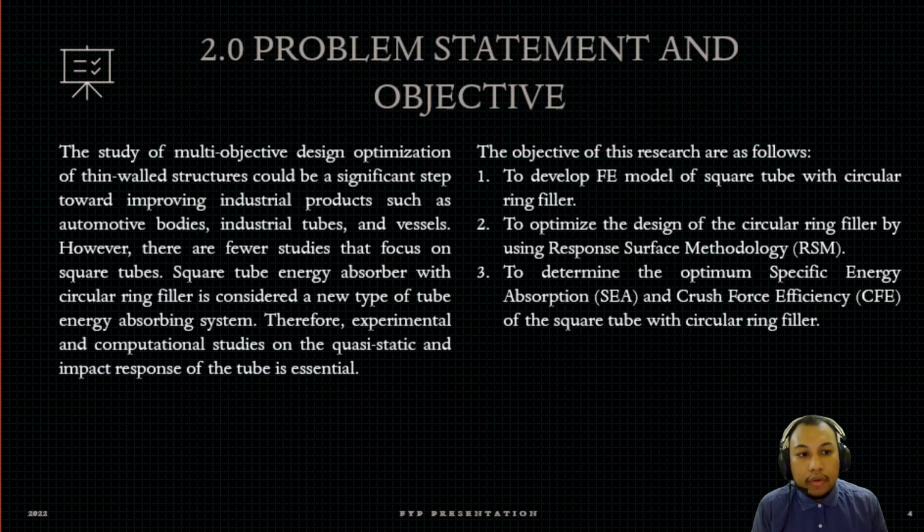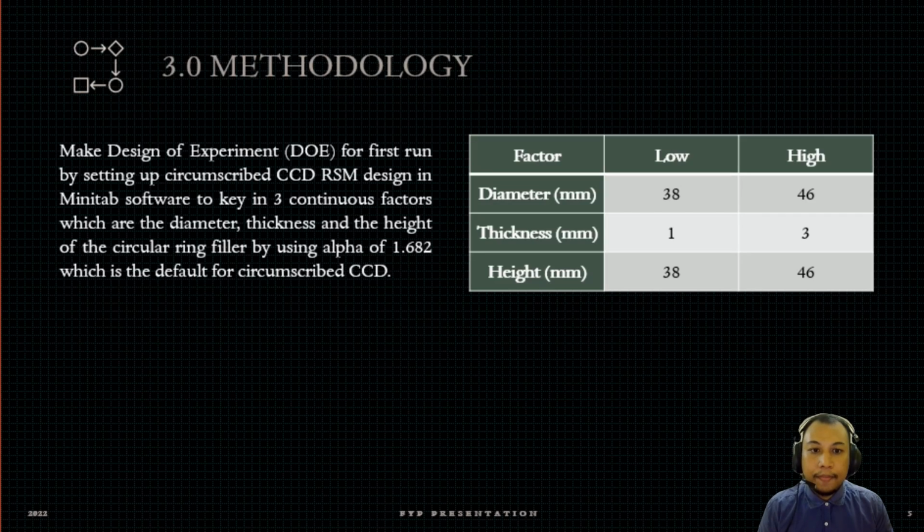The objective of the research is as follows. First is to develop FE model of square tube with circulating failure and to optimize the design of the circulating failure using RSM, and to determine the most optimum value of specific energy absorption SEA and crash force efficiency CFE of the square tube with circulating failure.